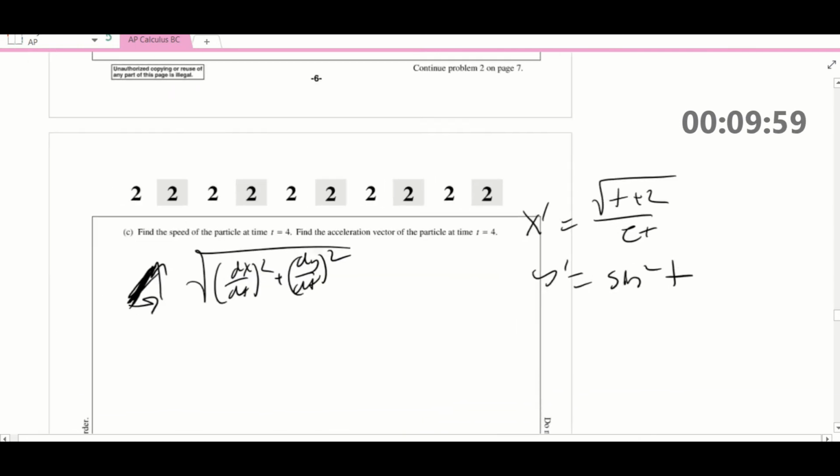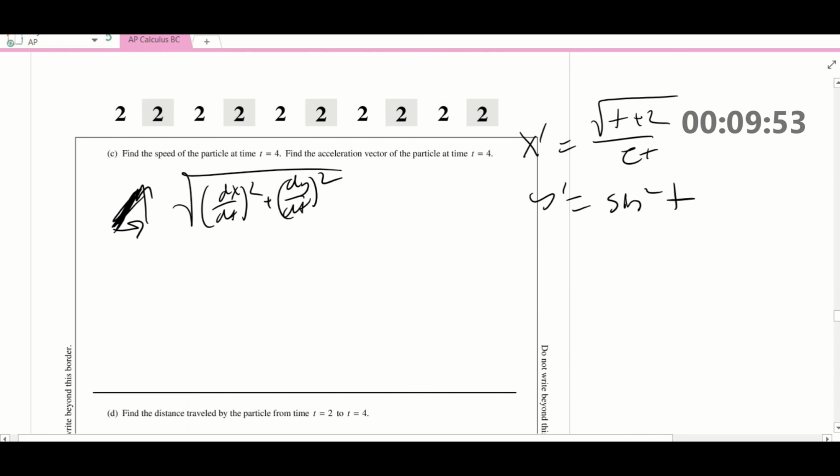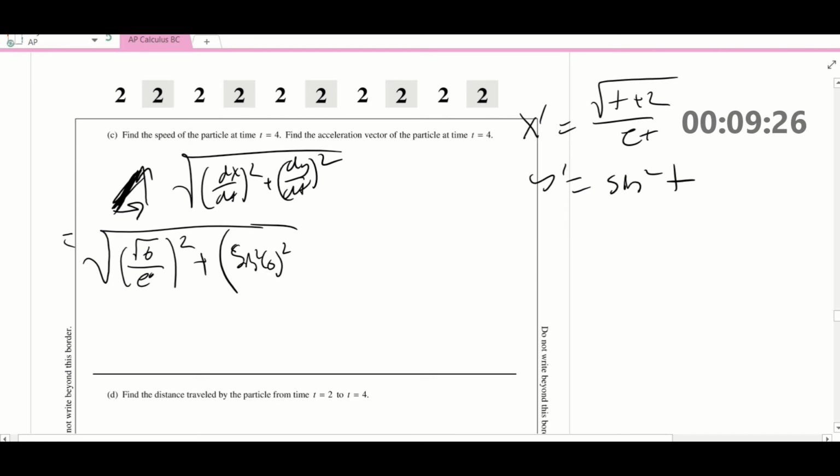So the speed is just the square root of dx over dt squared plus dy over dt squared. At t equals 4, that's the square root of square root of 6 over e to the power of 6, squared, plus sine squared 6, squared. Then we just plug this into the calculator.